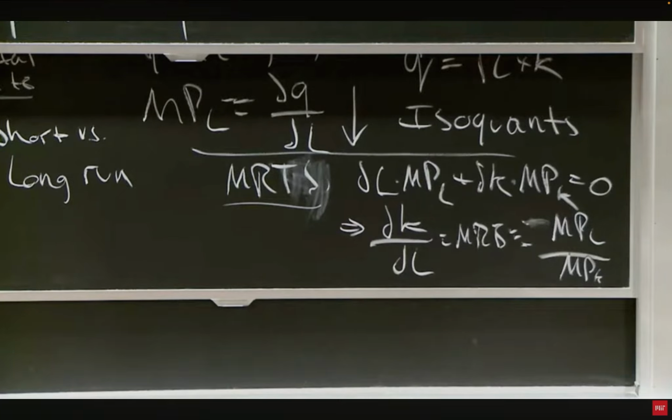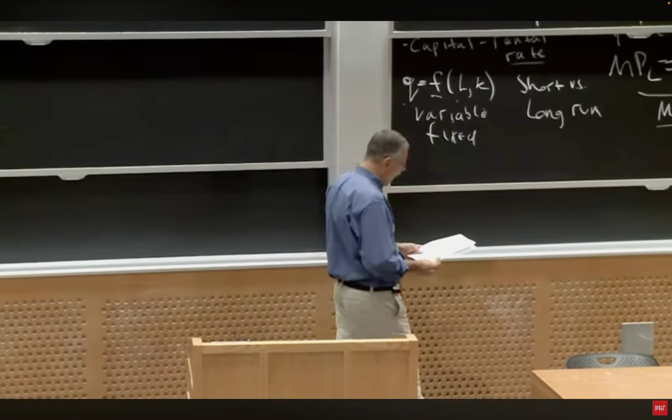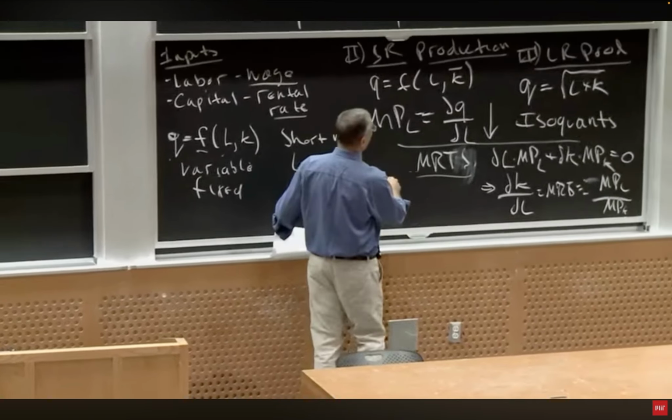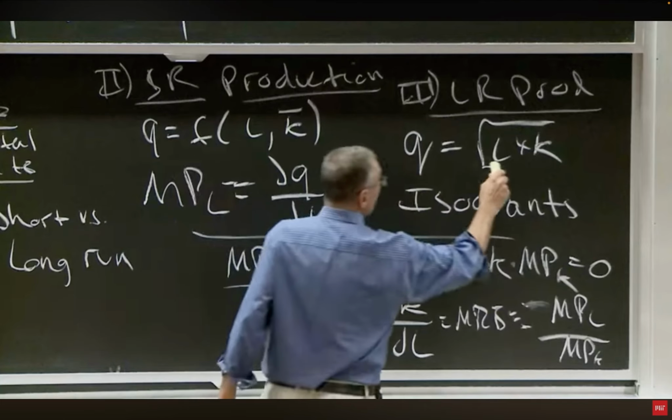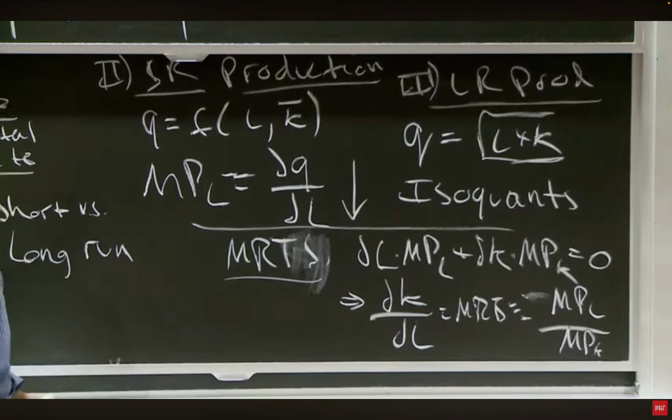So for example, let's take our production function we're using here, which is the square root of L times K. Let's solve for the marginal rate of technical substitution.